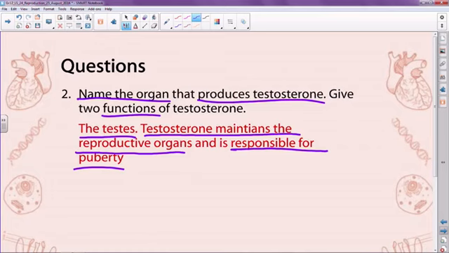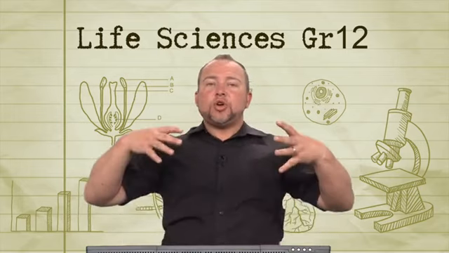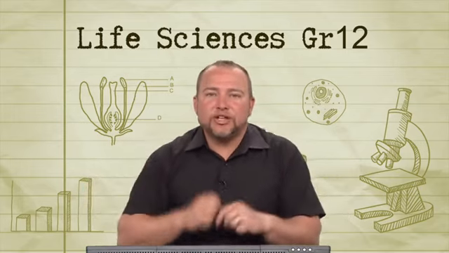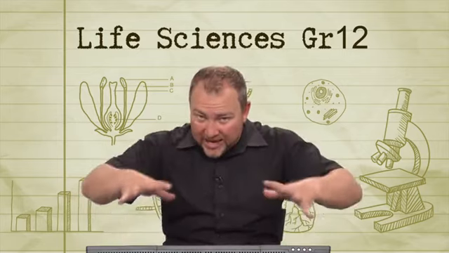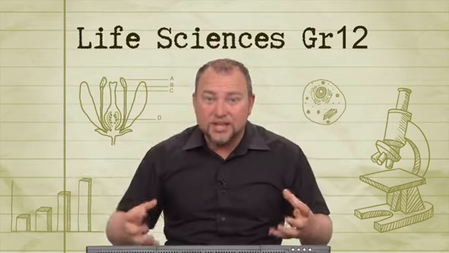So it makes sure that the reproductive organs work properly, and it gives you your male secondary characteristics. For example, a thick jaw, hair on the face, all the stuff that happens at puberty, your pubic hair, everything. All of that comes together as male secondary characteristics.